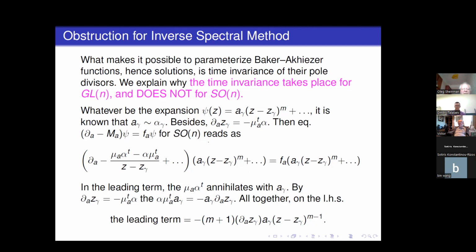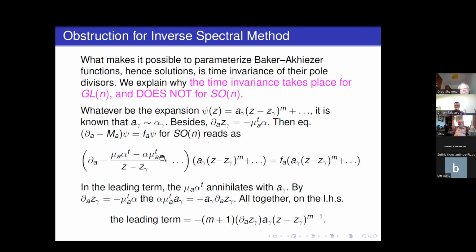Indeed, if we multiply this term m mu A alpha transpose by A gamma, we will obtain 0 because alpha transpose by A gamma is 0.